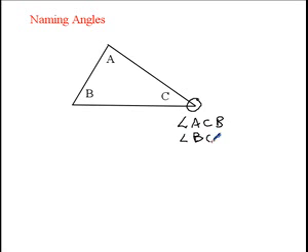And similarly, this angle is going to be called CAB or BAC, and this one here you can figure out easily will be called CBA or ABC. So I'll just write that down. So this is angle ABC.